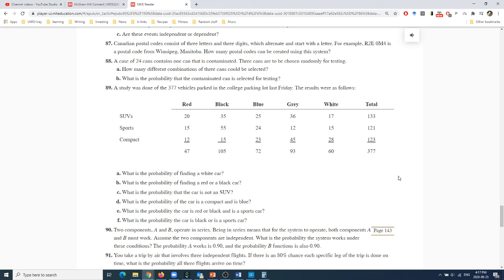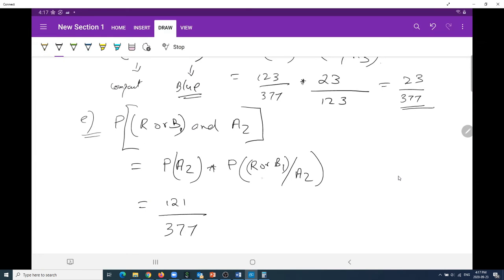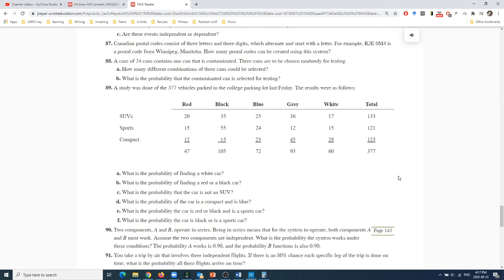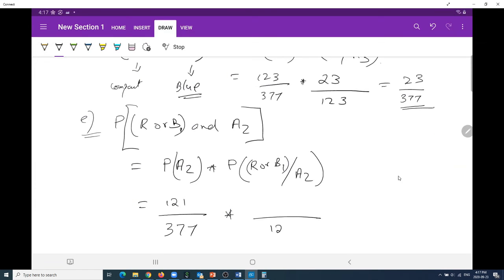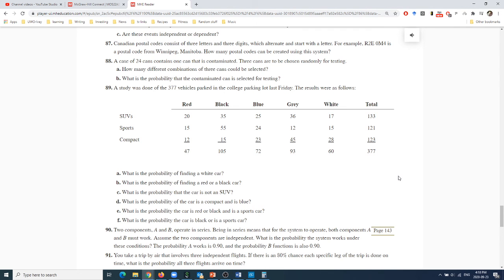Now multiply this by the probability given that A2 has happened. Your denominator is looking only within the sports car category. What is the probability that it's R or B1? R or B1 is just going to be red, 15, and black, B1, which is 55. It's going to be 15 plus 55, and this is just going to be 60 divided by 377.